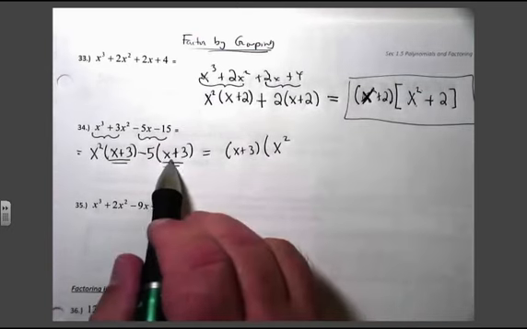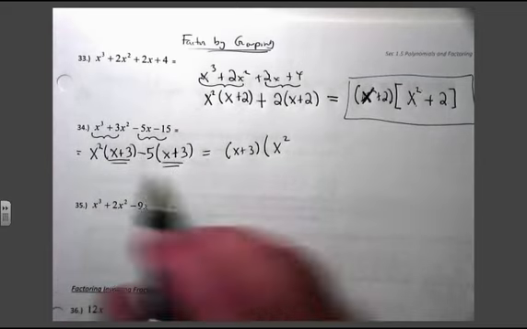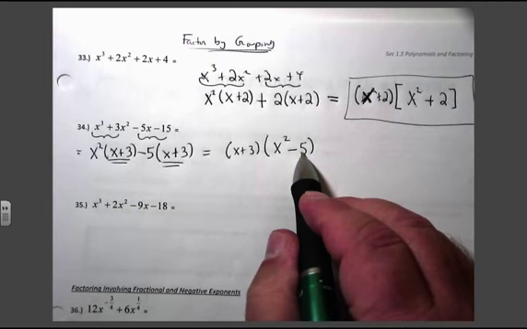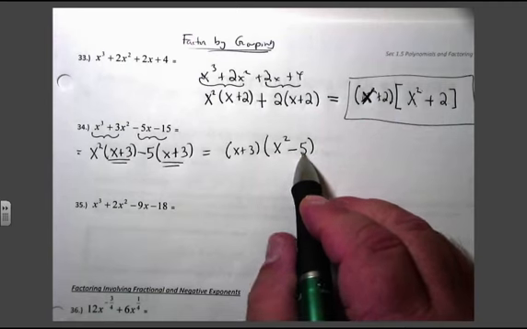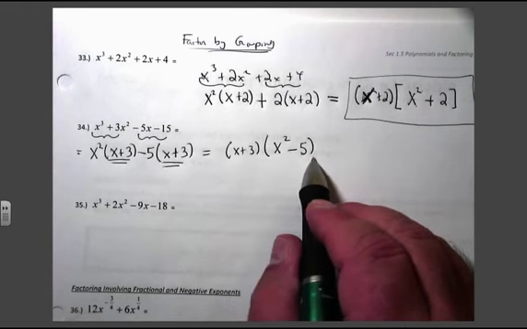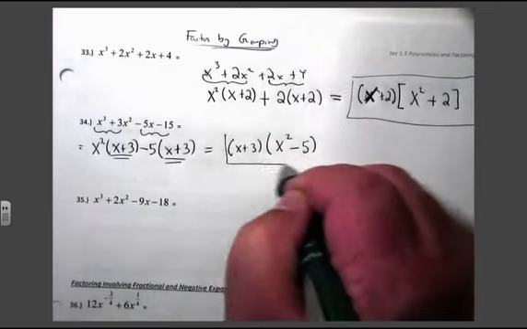When I factor the x plus 3 out of the second term, what am I left with? Minus 5. 5 is not a perfect square. It's kind of prime there. So typically I would try to do difference of squares here, but since 5 is not a perfect square, this is the best I can do.